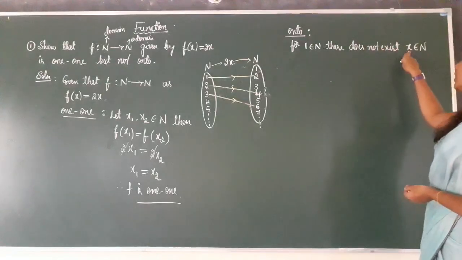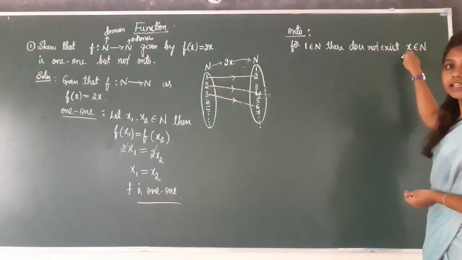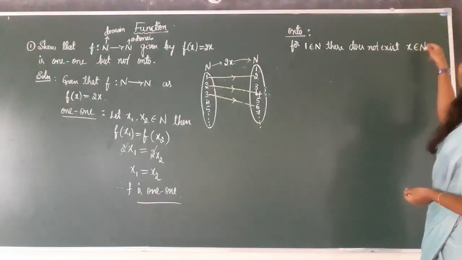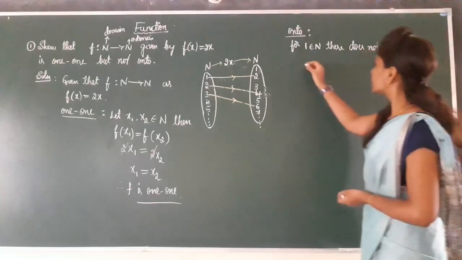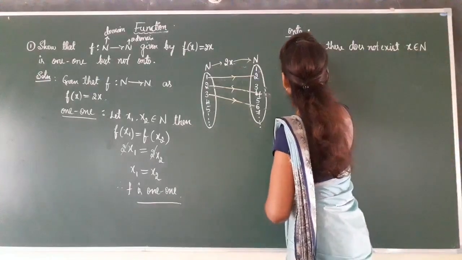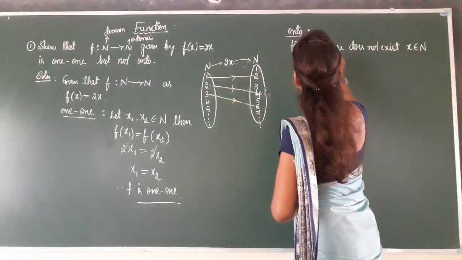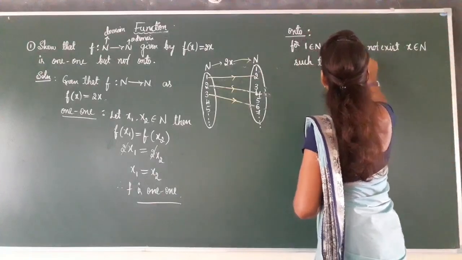There does not exist any element x belongs to the domain, that is capital letter N, natural numbers, such that f of x is equal to y.